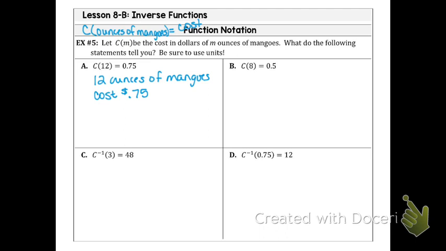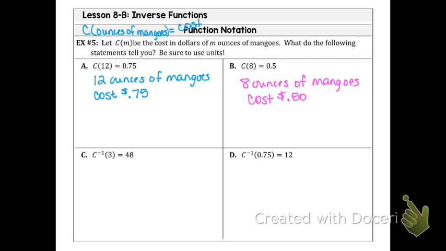B says C of 8 is equal to 0.5, so again, that's 8 ounces of mangoes. Cost 50 cents. But look at C. C is in inverse notation, so that's like C of y is equal to x instead of C of x equals y.